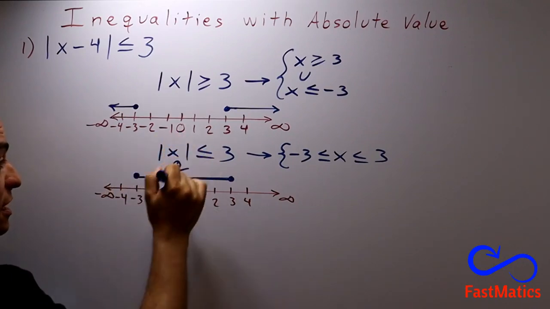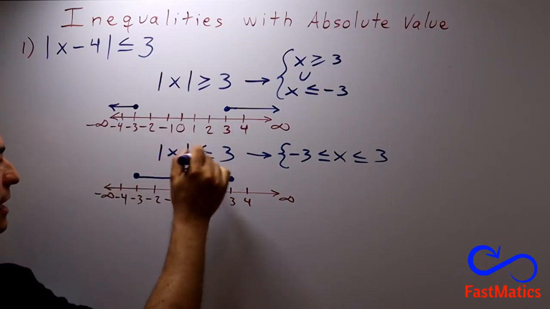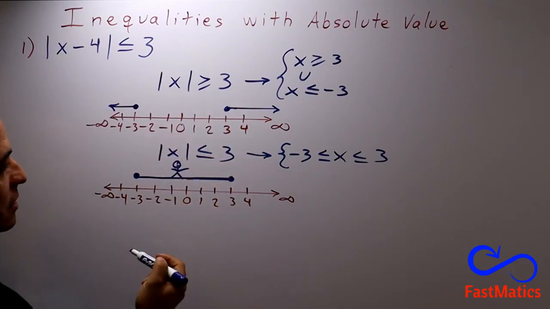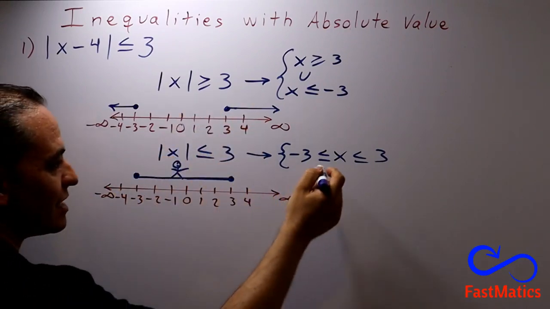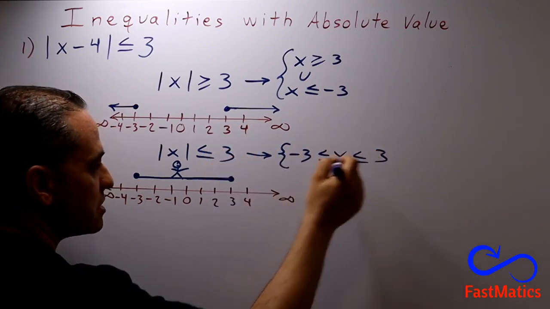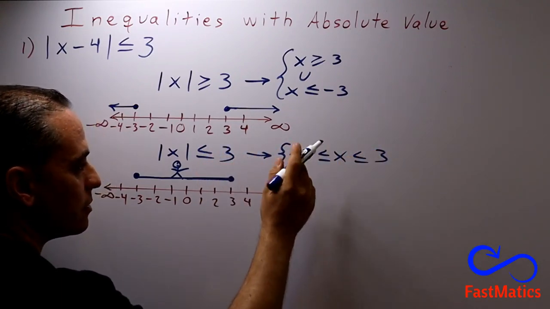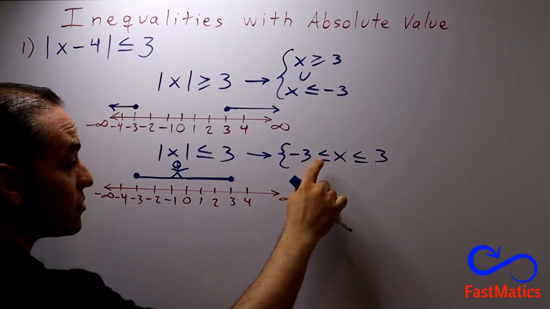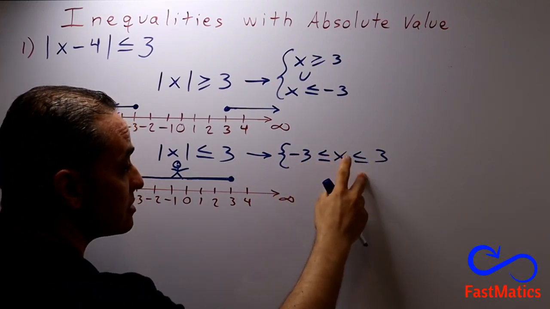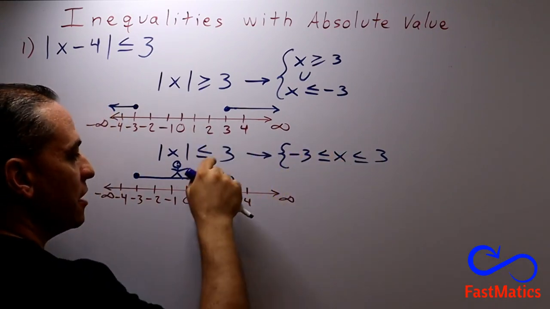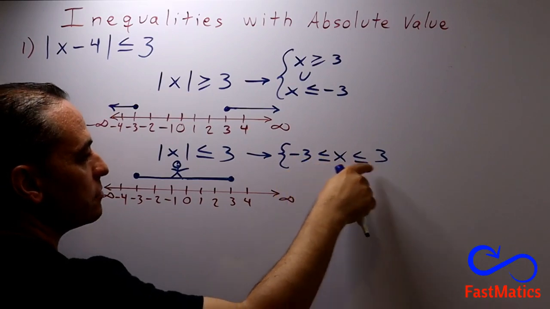But if you have the absolute value of something less than another thing, or less than or equal to another thing, you will write the expression that is inside in the middle, this positive on the right side, this expression negative on the left side, with always the signs like this. If here it is less than, less than. If here it is less than or equal to, less than or equal to.